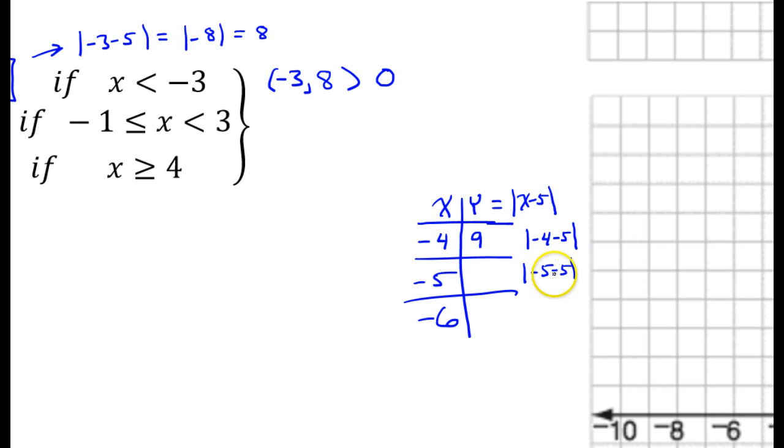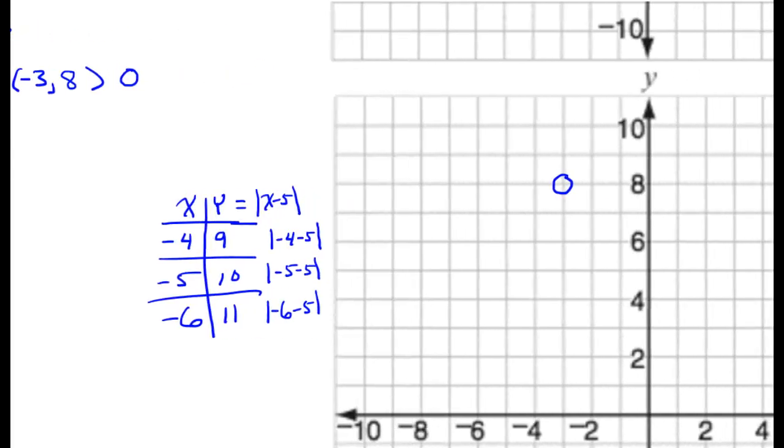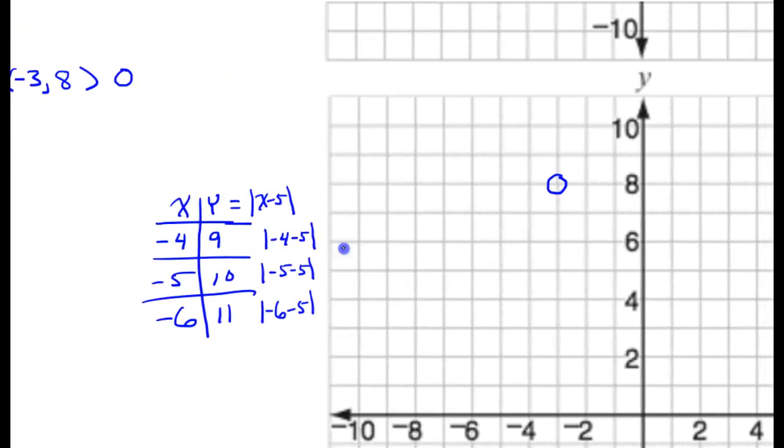So that's -10. Absolute value of -10 is +10. And here I'll have the absolute value of -6 minus 5. That's -11. Absolute value is +11. So these are the points. So -4 comma 9 would be right here. -5 comma 10 is right here. -6 comma 11 is right here.